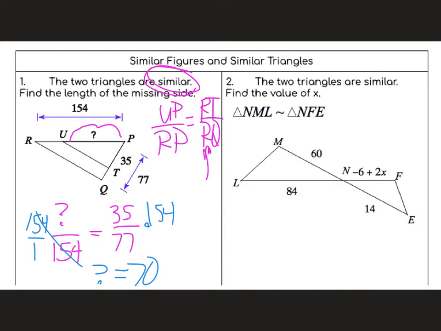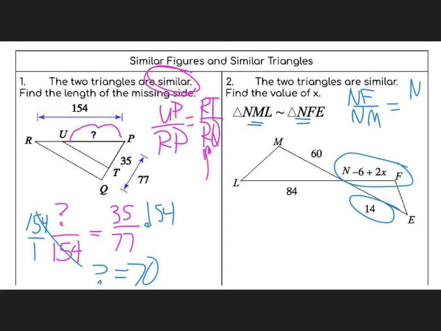Next one, NML is similar to NFE. So I want to put this on top. So I'm going to have NF, and NF matches up with NM. And since I start with NF in that triangle, I got to start with this one.